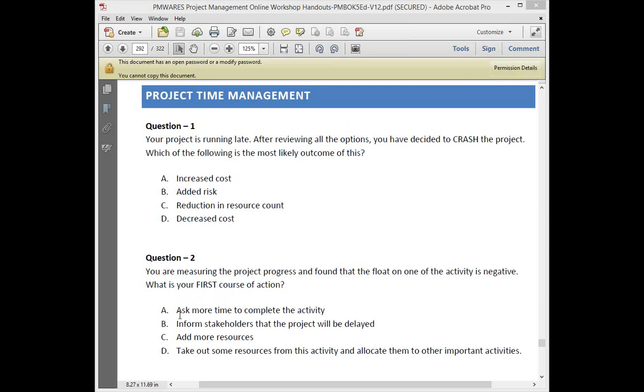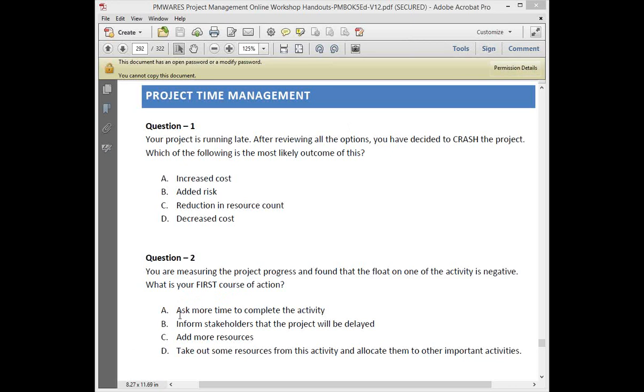I think this is based on our thinking, because we had a similar question in the previous exercise also. When we attempted the question during discussion, we said that if there is an impact, the first thing to be done is to inform the stakeholder, because we cannot simply add resources on our own. This has to be approved by the stakeholders.